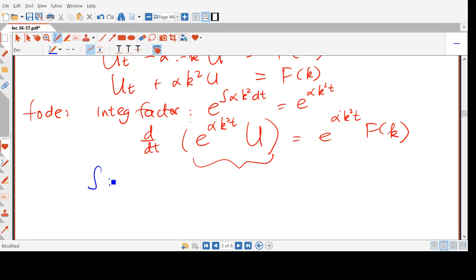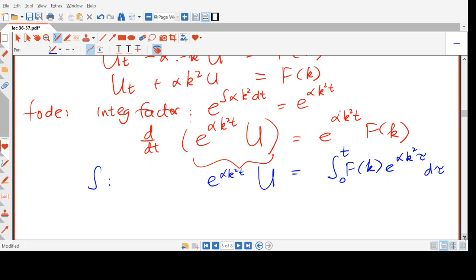Then we integrate this once to release the inside stuff. So we have e to the alpha k squared t capital U equals the integral of e to the alpha k squared, and I'm going to use a new symbol here, tau, because I want to integrate from 0 to t. So when I integrate with respect to tau, I'll just plug in the t at the end.